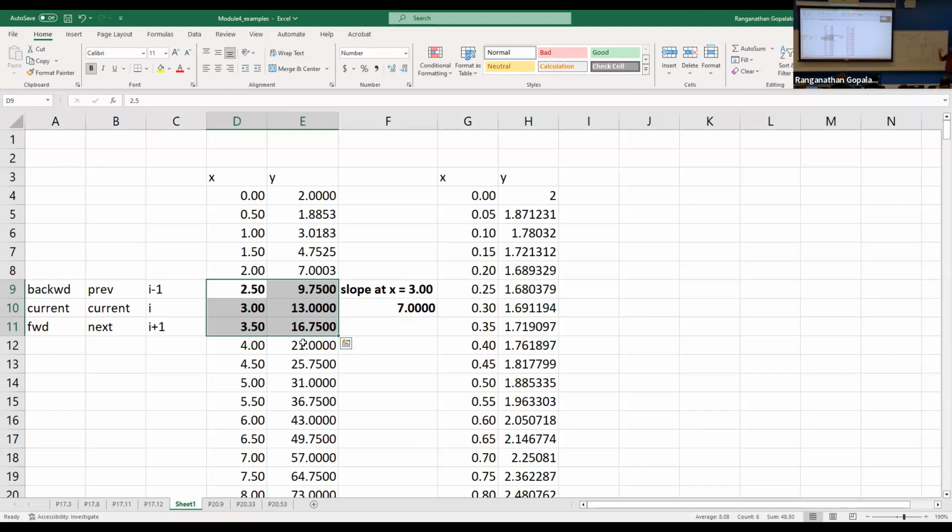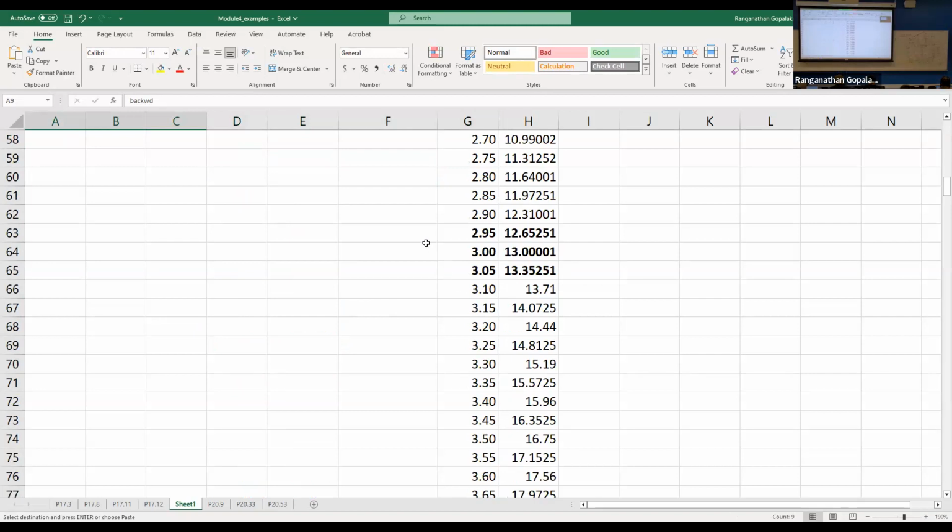Okay, we are going to do a few more operations with this data, so we are not done yet. Is everybody able to get the slope at x equals 3 with these 3 data points? Right? Okay. So now this data set was with a step length or step of 0.5, and this one is with a step of 0.05, and I'm going to take all of this, move over to where x equals 3 is.